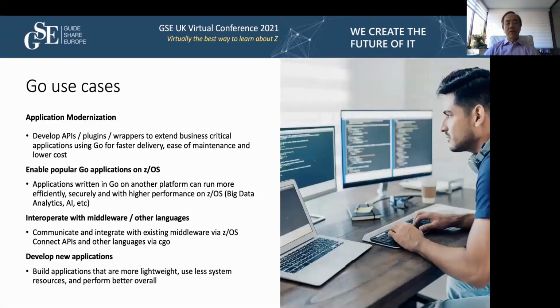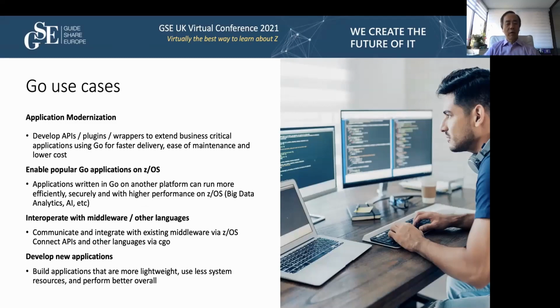For use cases, obviously, a lot of customers are looking into developing new APIs with Go, with Golang, and they're building APIs, plugins, or wrappers to extend the business critical applications as well. They will write new applications on z/OS, just like us.